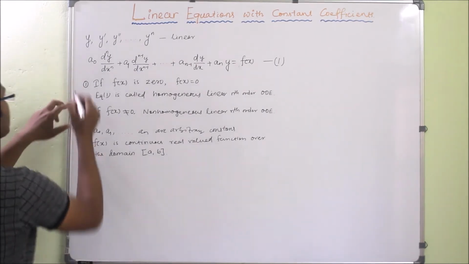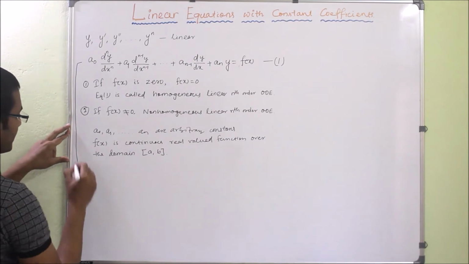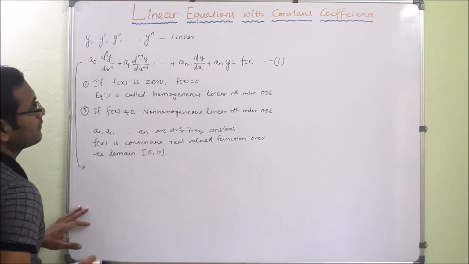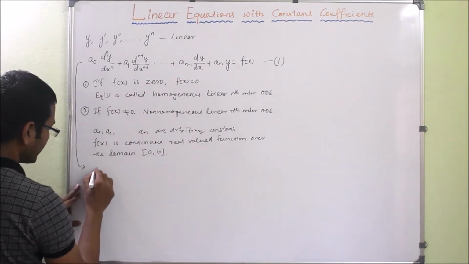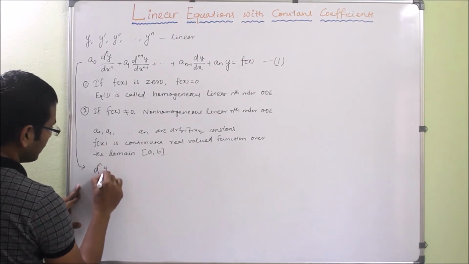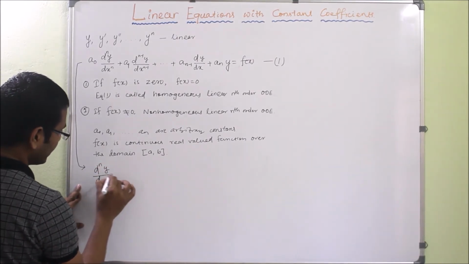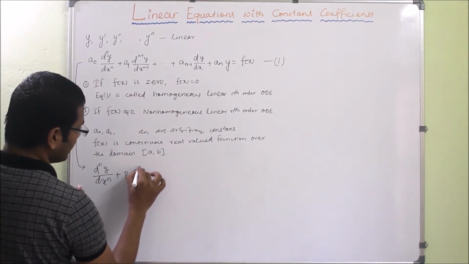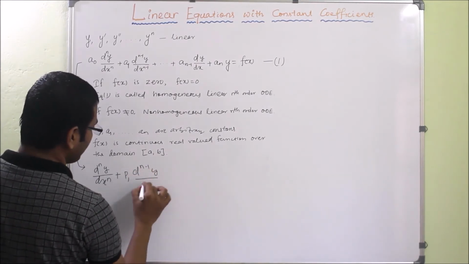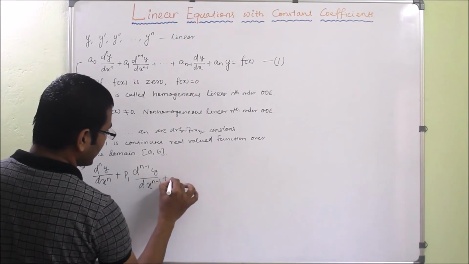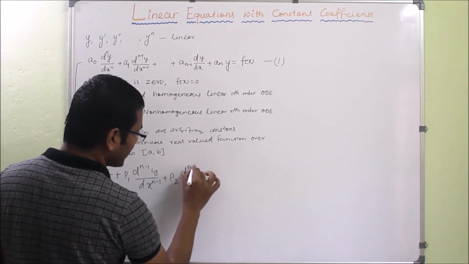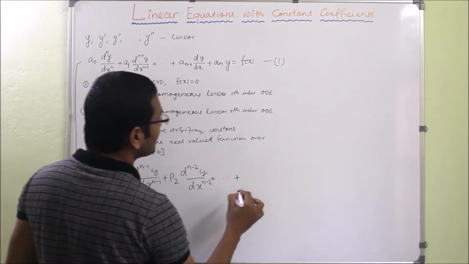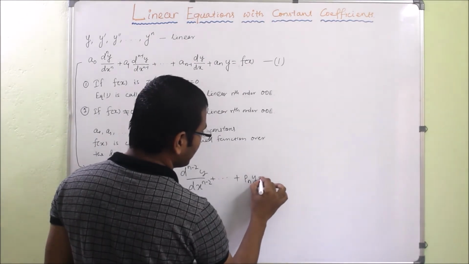Now we have to represent this in another way. If I divide by a0 throughout the equation, then we will get this form: d^n y by dx^n plus a1 by a0, which I can write as p1, d^(n-1) y by dx^(n-1) plus p2 d^(n-2) y by dx^(n-2) and so on, and the last one will be p_n y, equal to 0.